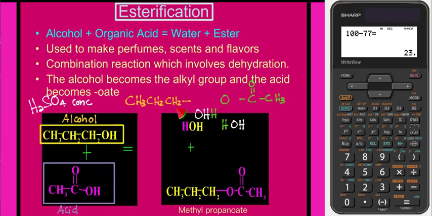Can you see what's left? You just put it together as they are. Bring them close to each other. So now you have that. You just remove them the way they are, and then you have this, which is exactly what we have down here. So that is your ester.